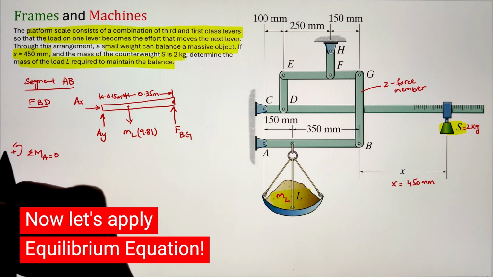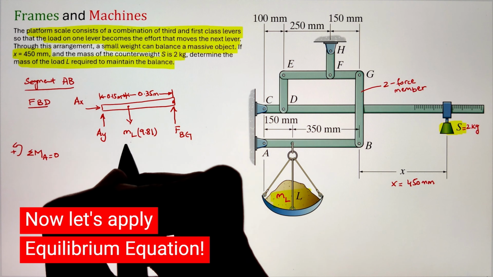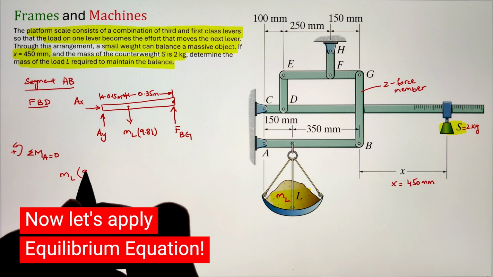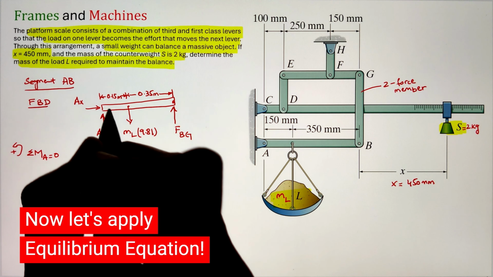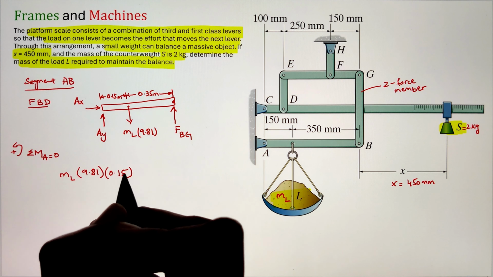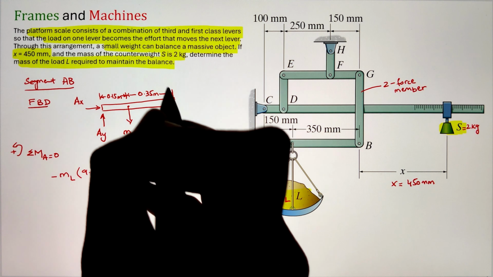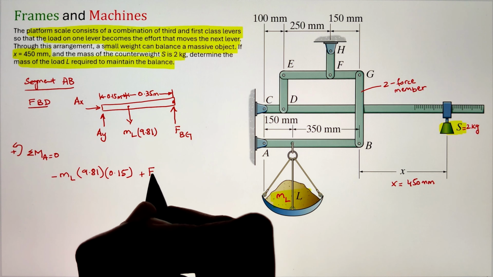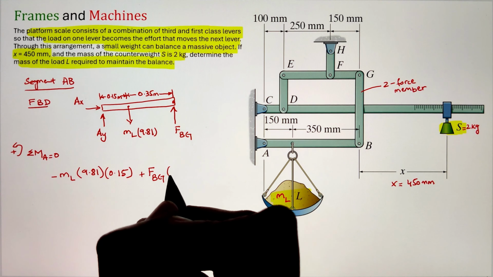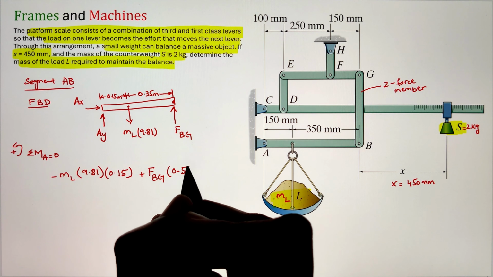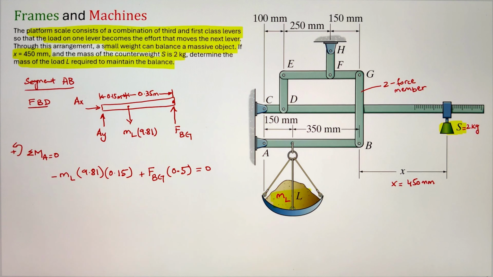In this case, I'm going with summation of moment at point A, as it will eliminate my AX and AY. So to start, I have our mass ml times 9.81 going vertically downward with a moment arm of 0.15, that is going to create our clockwise moment, whereas the force FBG is going to create our counterclockwise moment with a moment arm of 0.5.